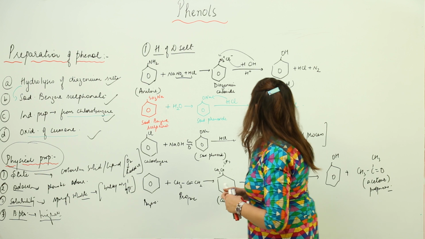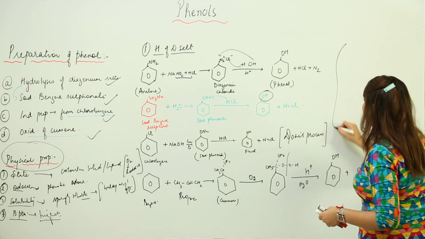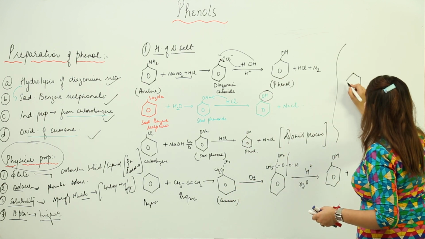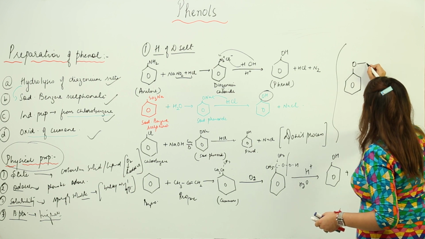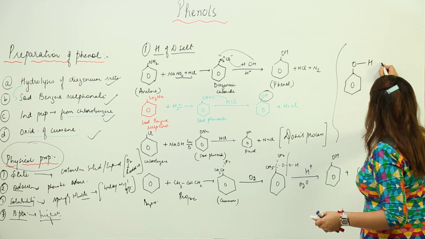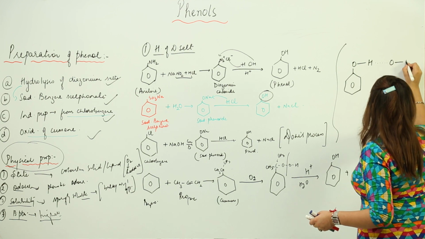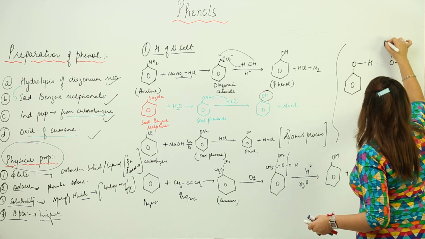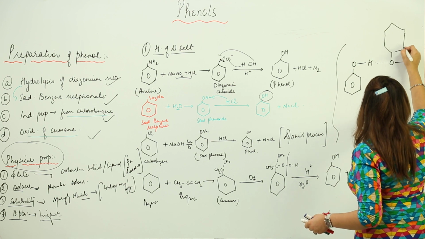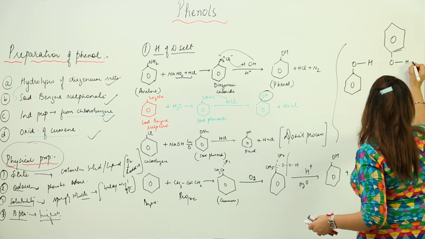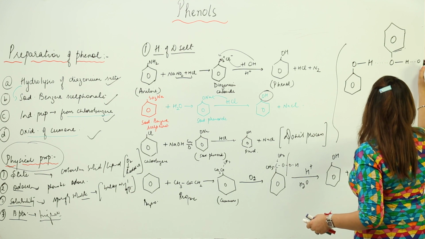The reason being, if you see alcohol and phenol, like this is our phenol, we know that. So what happens? It gets into an association with another phenol molecule. So somehow you can say that its mass increases.